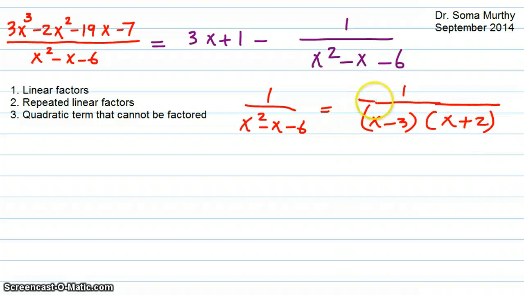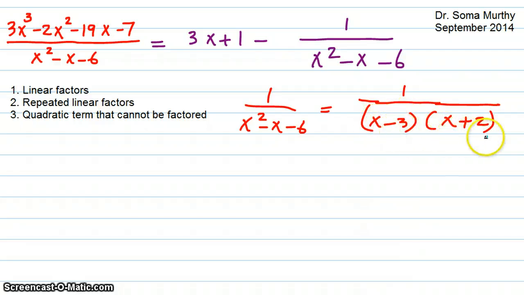Okay. So this is a rational function that I need to decompose into two fractions, and that's the reason why we call this partial fractions. These are called linear factors.